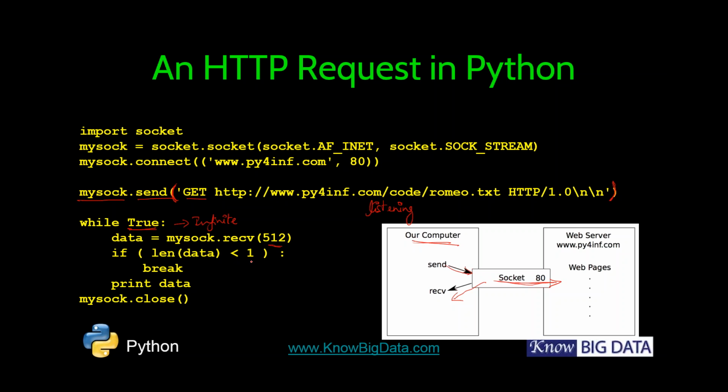If the length of the data is less than 1, we break out of it. That means we haven't received anything from the server. Otherwise, we print the data, right? And this is the close connection. This is pretty much it, isn't it?